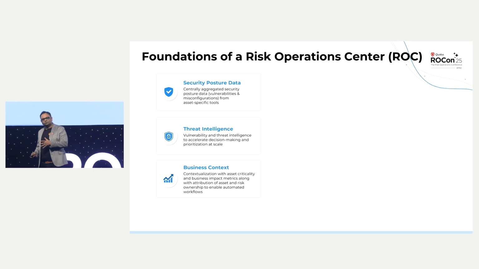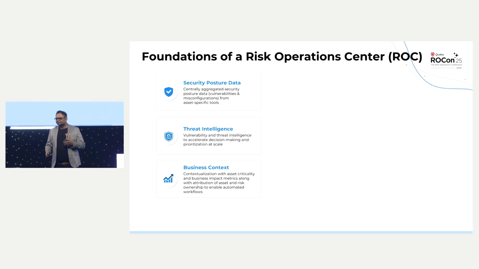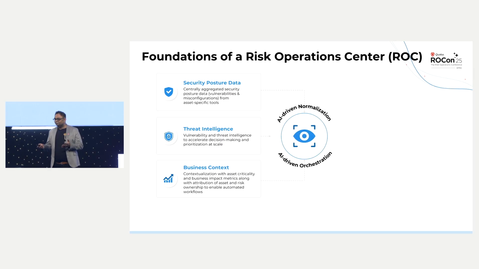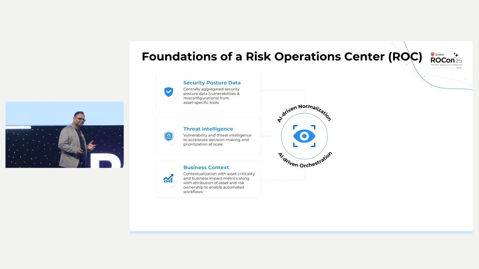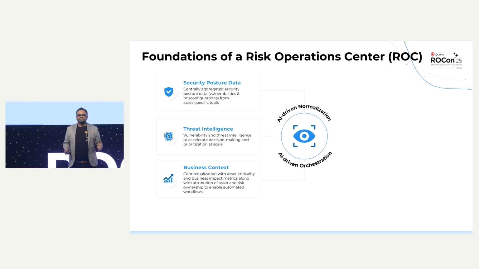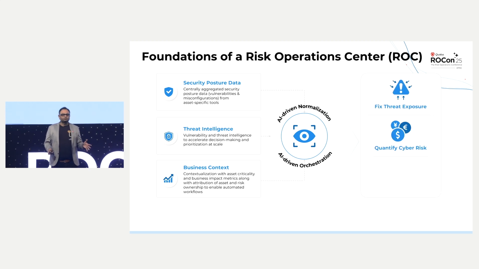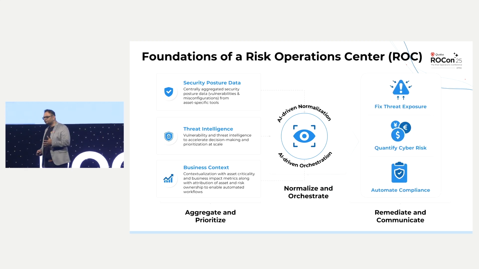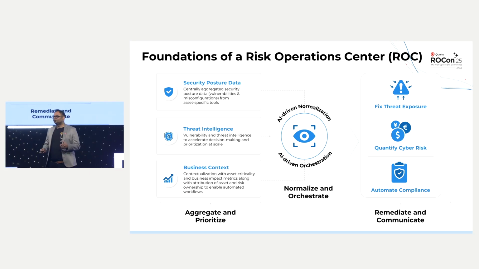Then we add business context. Then what do you get? Everybody does AI, so we do. We apply the AI, normalize, parse, and give you the insights so that you can fix the threat exposure, get ready for your compliance, and quantify your cyber risk in the language that your board and your CISO want to speak. Very simple. Right?